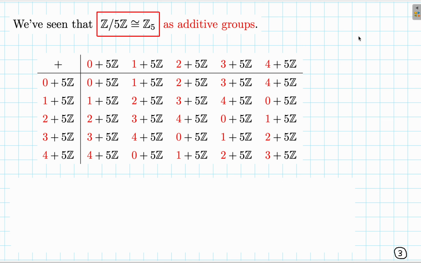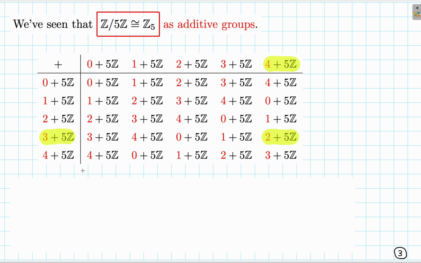We've seen that the quotient group Z mod 5Z is isomorphic to Z5 as additive groups. Here's the addition table for Z mod 5Z. For example, we just saw that 3 plus 5Z plus 4 plus 5Z is equal to 2 plus 5Z.